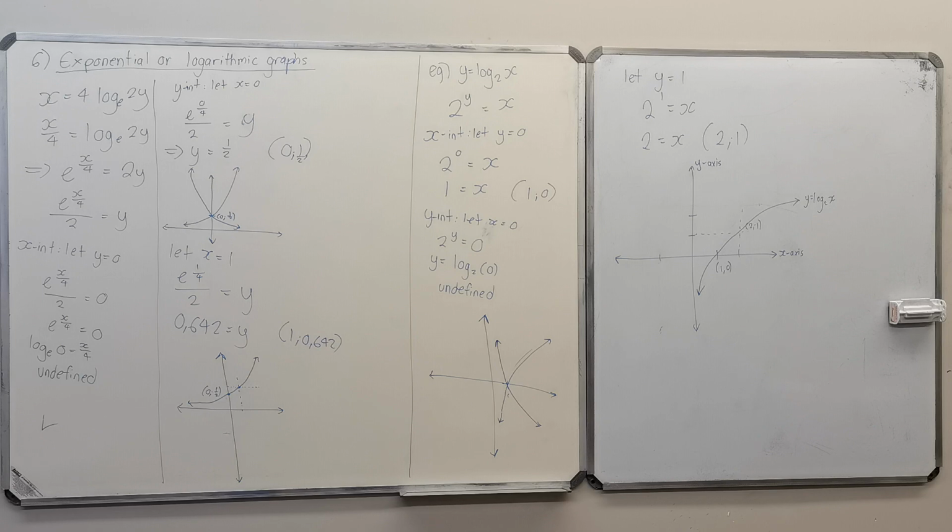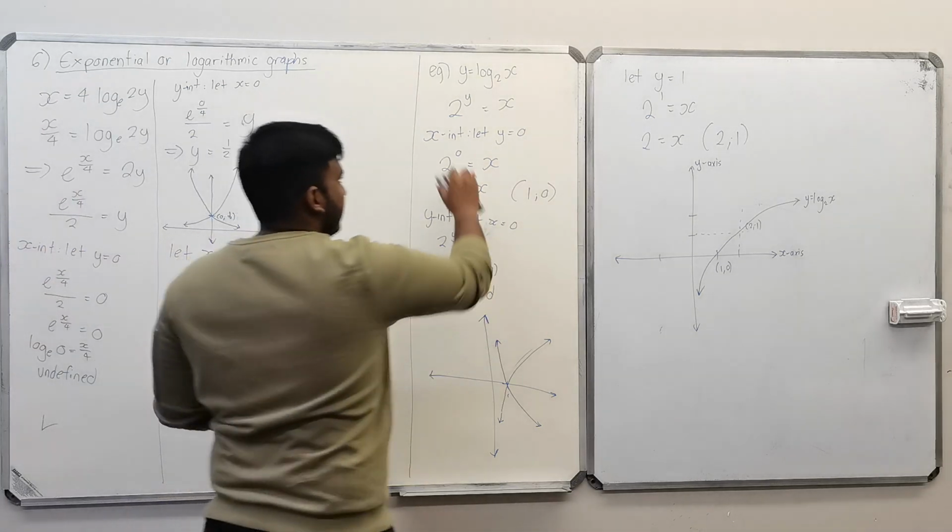Okay, so I'm now on page 147, sketching the exponential graphs. So the formula for the exponential graph would be y is equal to k a to the power nx, right? If a is greater than 1 and a and n are positive whole numbers, this is how you would do it.